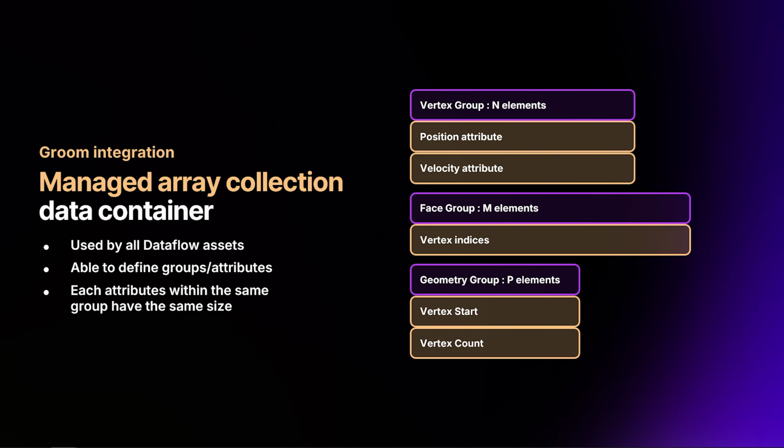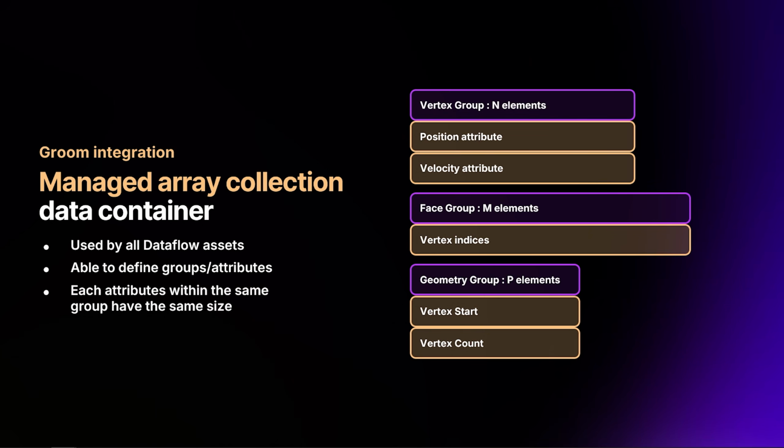Here is just a description of what the managed array collection is, because I have spoken about collections since the beginning. You saw that it's the main data structure flowing from node to node in Dataflow. It is used here in the Groom, and in many of our assets. To be really simple, it's a data container.